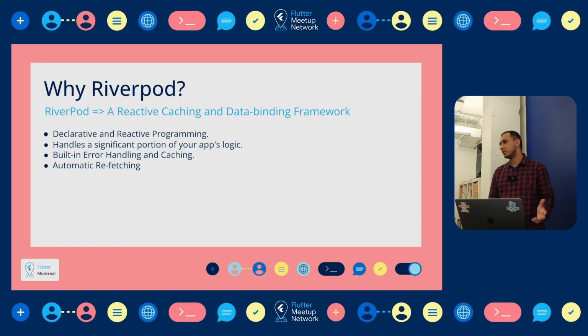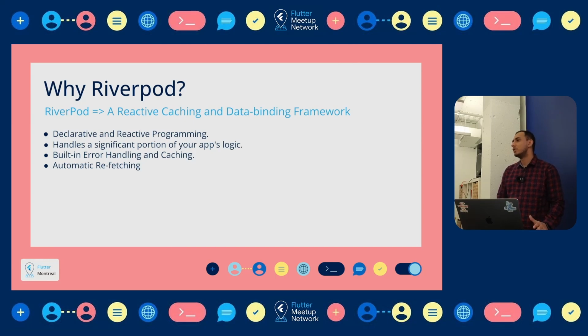By using declarative and reactive programming, Riverpod helps you handle a significant chunk of your app logic on its own, and you don't have to manage your states manually on the UI side. Riverpod already provides that with state management, and other than that, if you are performing a network request, it helps you with built-in error handling and a caching system.